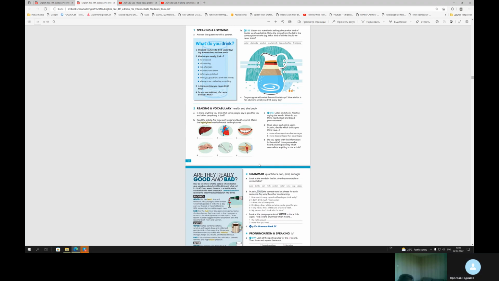Do you know the word illness? For example, you are ill. Okay. Do you know the word headache? No. Okay. Headache is the state when you have pain in your head, when your head aches, and you begin to touch your head, and you want to take a pill. Maybe you want to sleep.